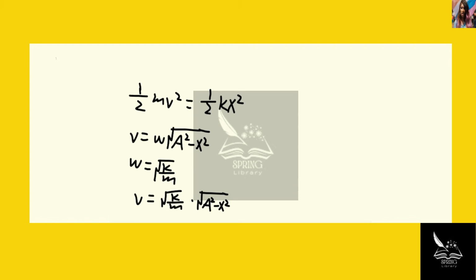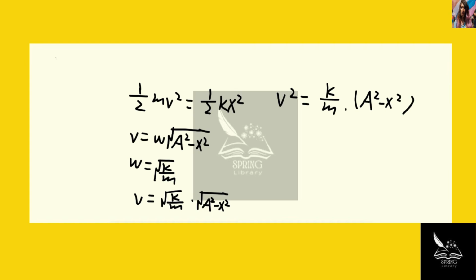If we plug that back into the v equation, substituting the square root of k over m for omega, we get that v is simply equal to the square root of k over m times the square root of a squared minus x squared. Which means that v squared is equal to k over m times a squared minus x squared.